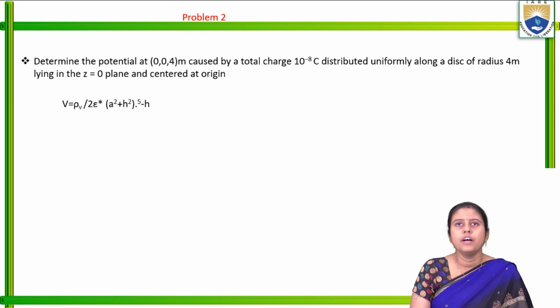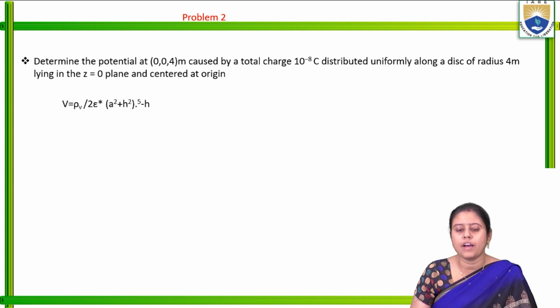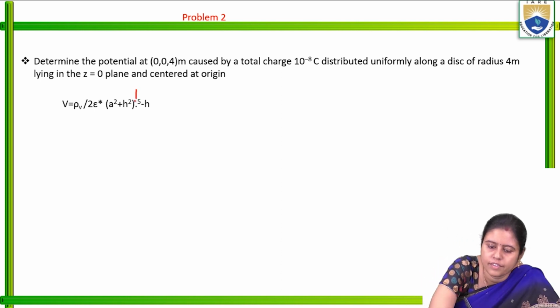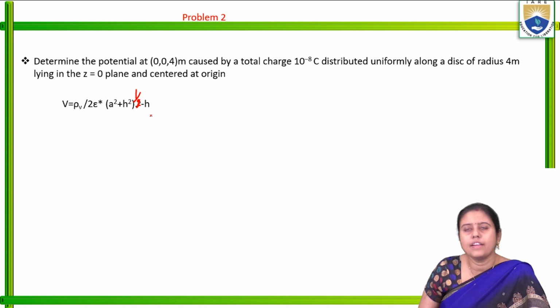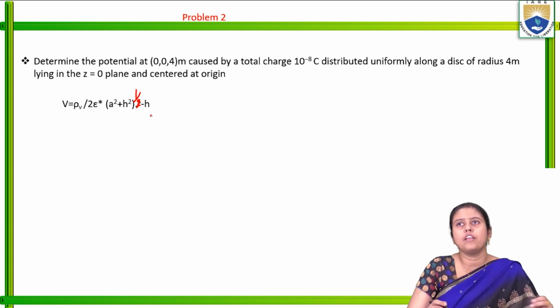So we have to calculate the potential. What is the formula? V is equal to rho V, the volume charge density, by 2 epsilon, times the square root of A square plus H square, minus H.